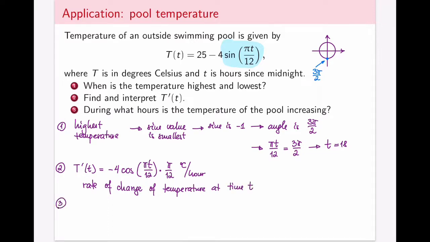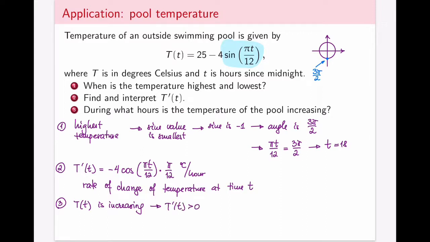And finally, we're asked, during what hours is the temperature of the pool increasing? So increasing is, of course, a specifically calculus concept of when the derivative is positive. Okay, so let's remember that any function is increasing means that the slope of the tangent line is positive, which means that the derivative is positive.